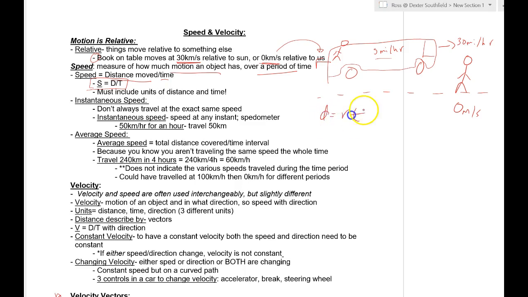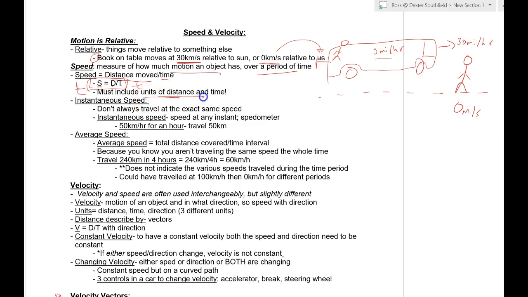D equals RT. That's usually an equation that people have heard about in math class. Rate here is just speed. It's just a reorganization by multiplying t by both sides to get it out of the denominator. So s times t equals d, or d equals rt. Same equation, just in a different order.